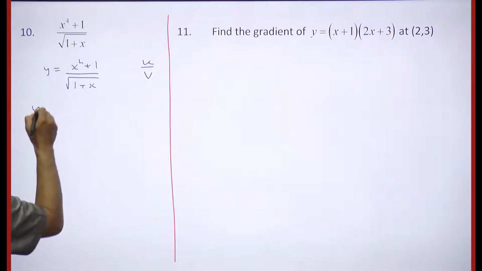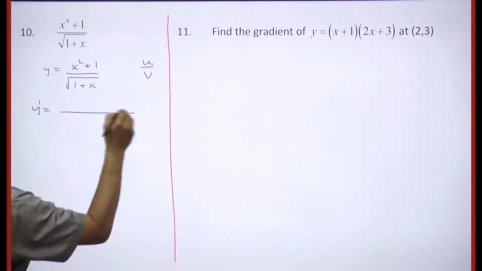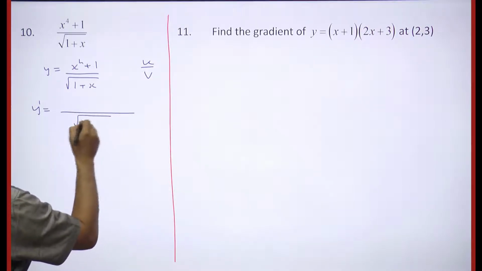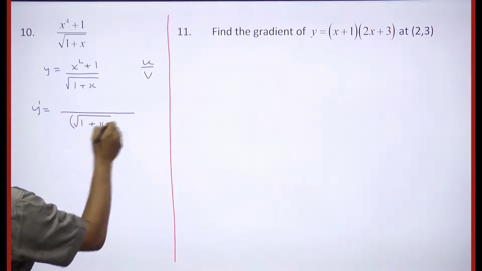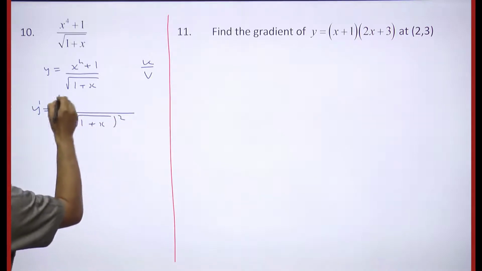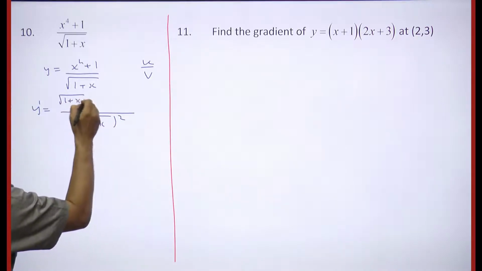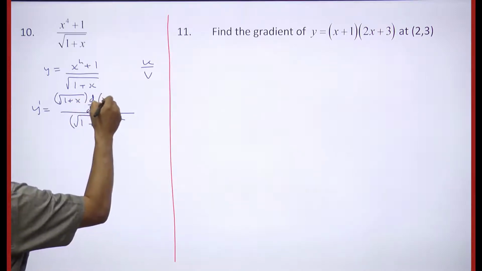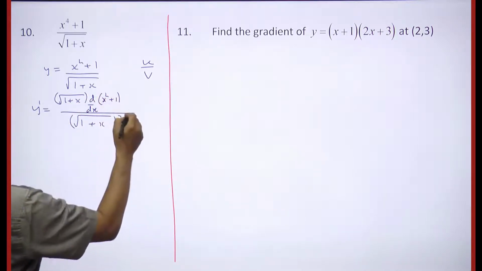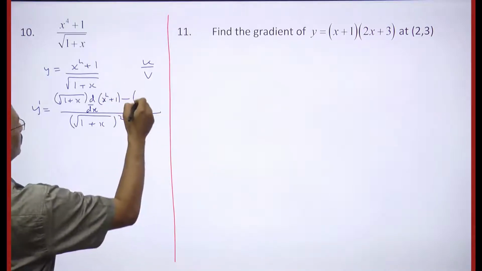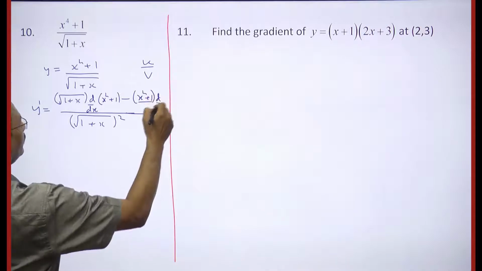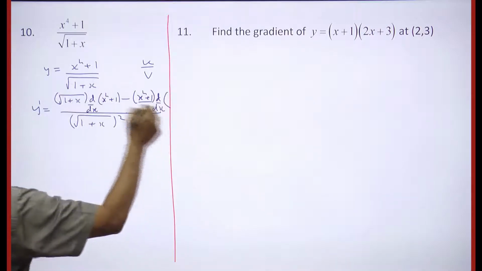So y dash, I am directly doing it now, listen very carefully: v square, v bracket derivative of u minus u derivative of v.